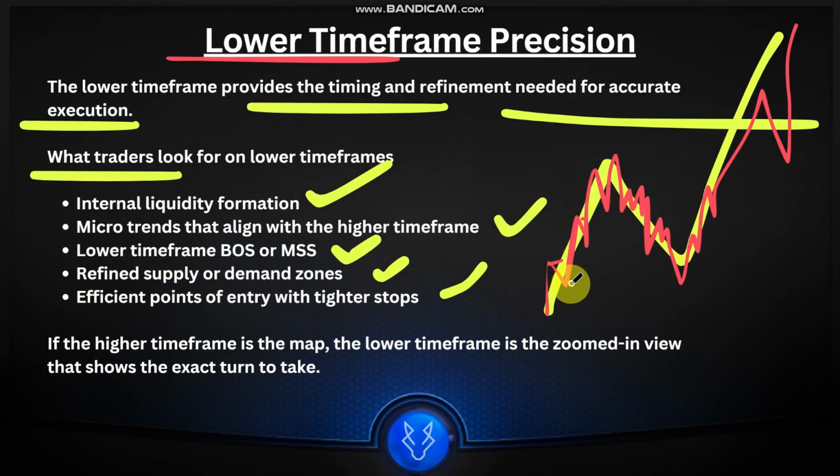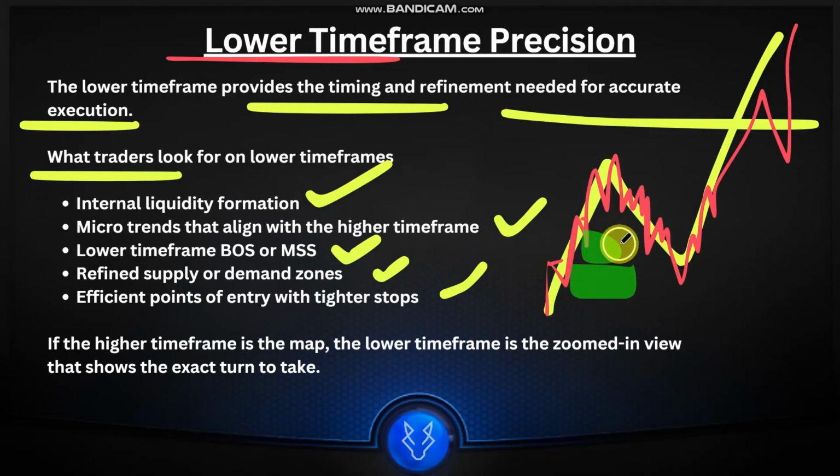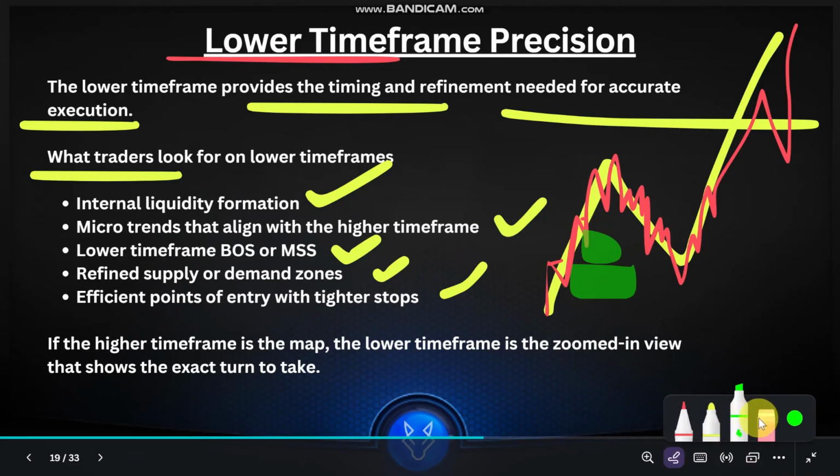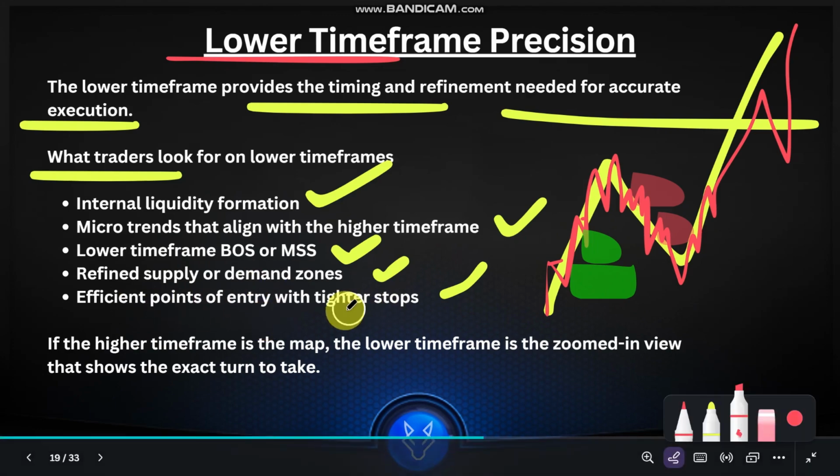Refined supply zone. So you have a supply and demand zone somewhere sitting around here. For those who are into zones, for supply zone, we have a supply zone here, supply zone here. Efficient points of entry with tighter stop loss.